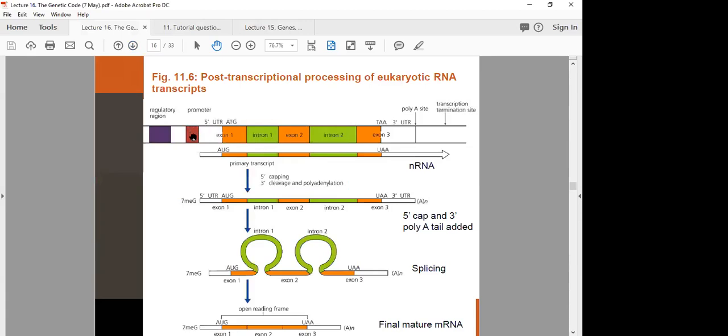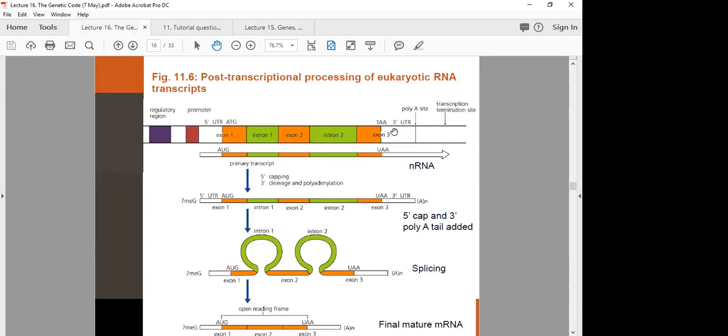Upstream from that, this coloured box here is a region of DNA called the promoter. This is a specific sequence of DNA that's actually recognised by that RNA polymerase enzyme. The RNA polymerase always recognises the promoter sequence, it binds here and then moves along the DNA transcribing this gene.